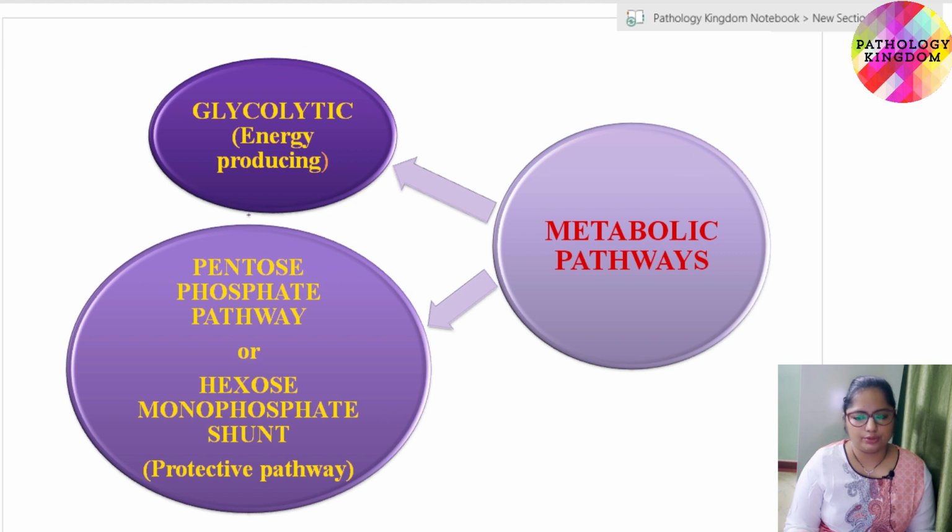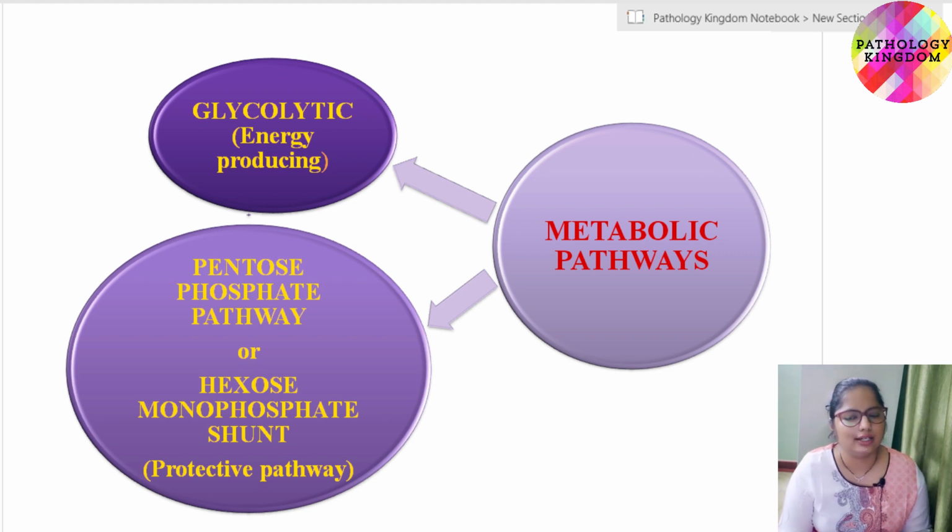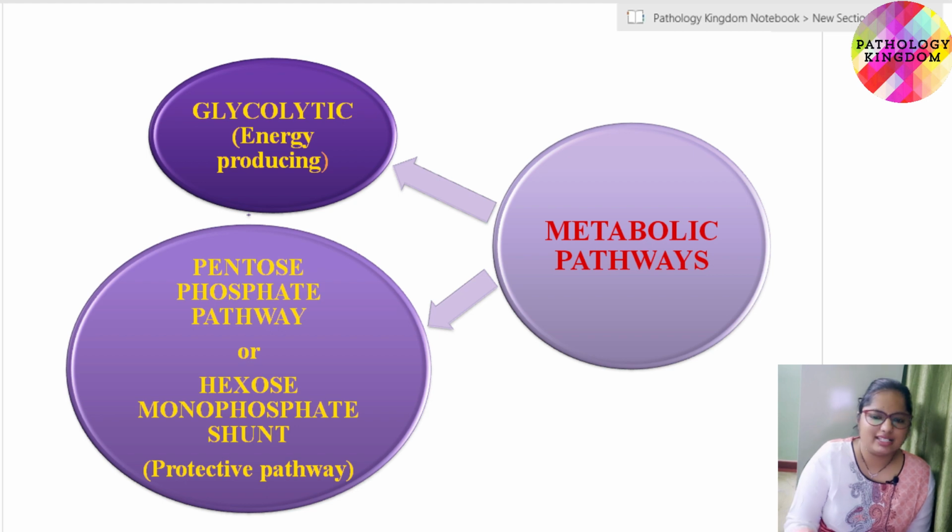Now coming on to the metabolic pathways for the generation of energy, as well as maintaining the biconcave shape and transport of ions and water in and out of the red blood cell. So basically there are two pathways, glycolytic and hexose monophosphate.